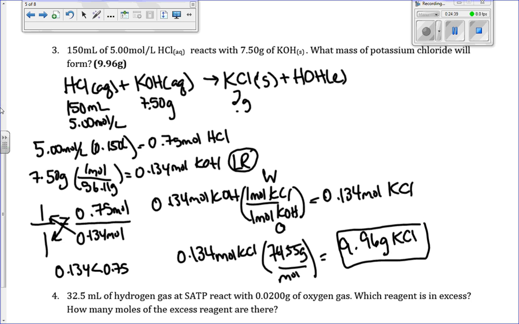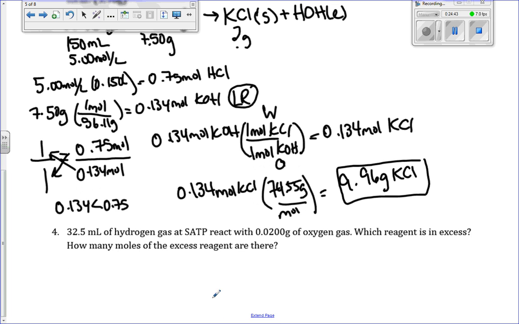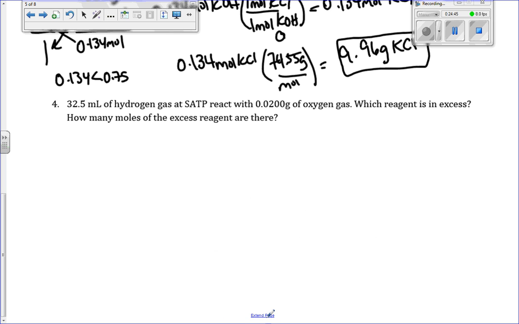Okay, number 4. Moving right along. 32.5 mils of hydrogen gas at SATP reacts with 0.02 grams of oxygen gas. Which reagent is in excess, and how many moles of excess reagent are there? So first things first, let's make a balanced equation.